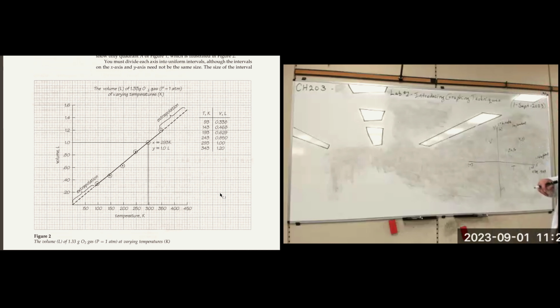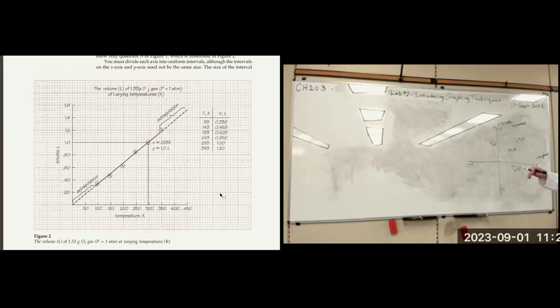While we're here, since this is the independent and that's the dependent, the axis must have units of measure. So in that example there, the units of measure are K, Kelvin temperature. And the volume is, I think, in liters.